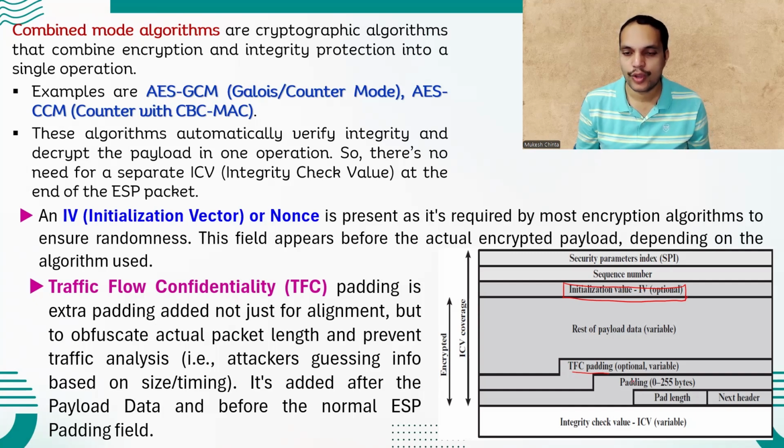In other words, we are adding some extra bits to confuse the attacker regarding the length of the packet. If the attacker is doing traffic analysis and is able to extract information based on the length of the packet, this extra padding or the TFC padding is used so that the attacker might not get enough information regarding the length of the packet.